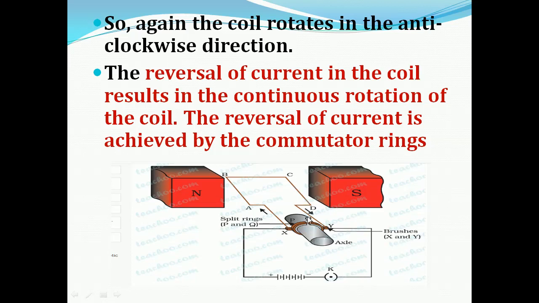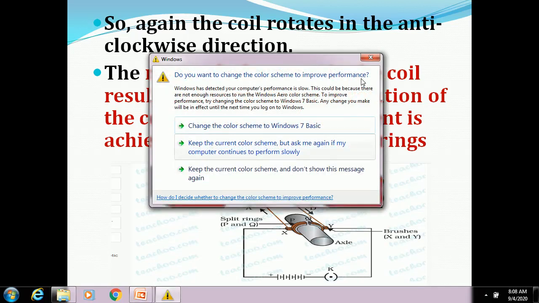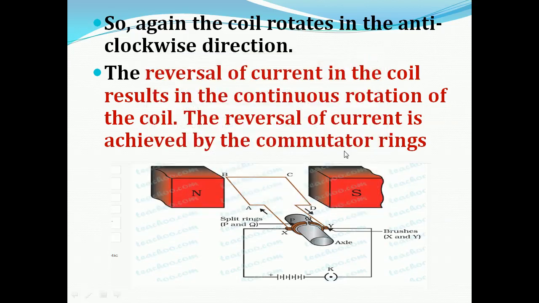Therefore the coil and the axle rotate half a turn more in the same direction. So the reversing of the current is repeated at each half rotation, giving rise to a continuous rotation of the coil and the axle. This is the working of the electric motor.